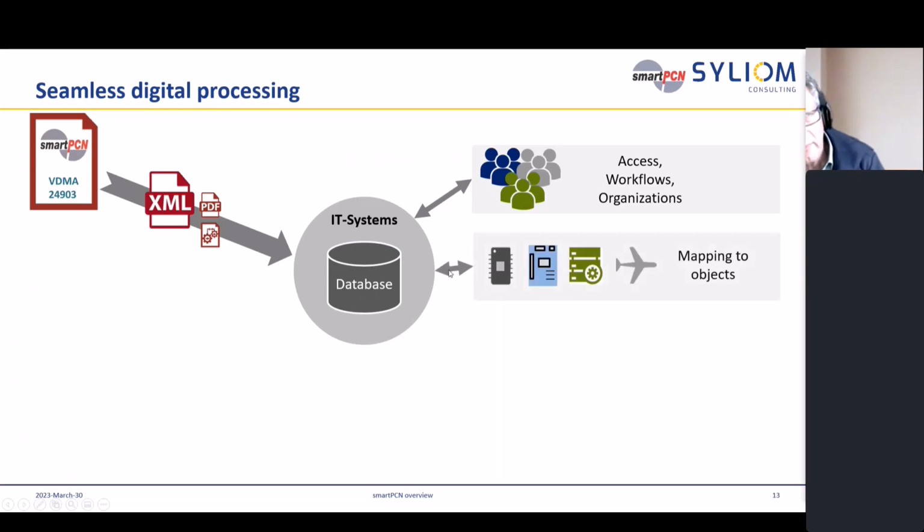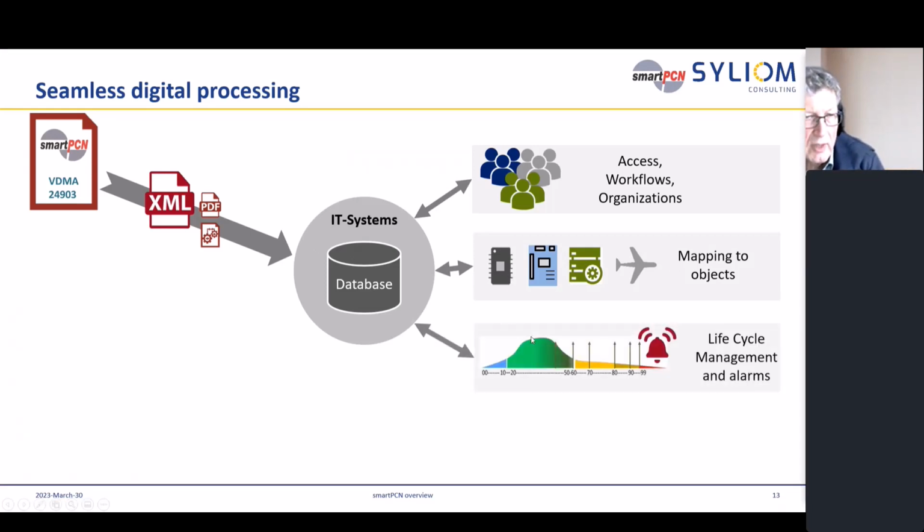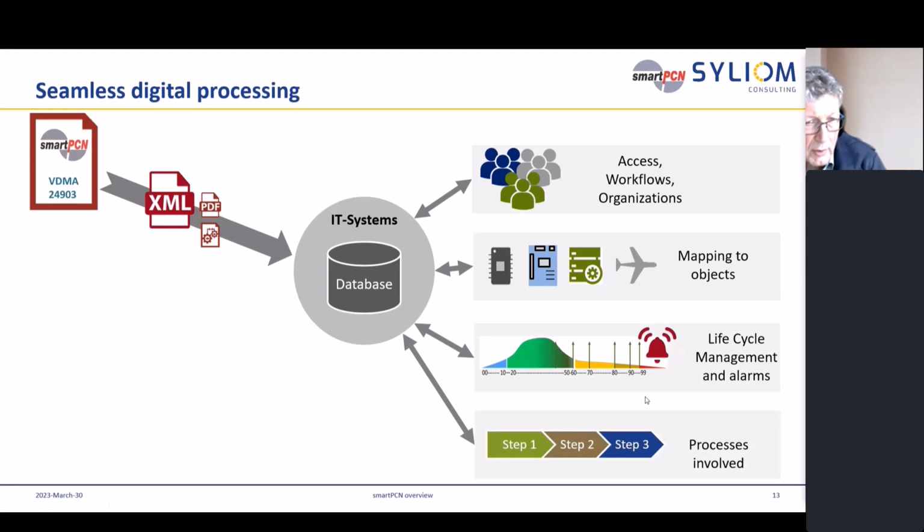You are able to map a PCN to the different objects, so all the products that you may manufacture, for example. You can also do the life cycle management, setting alarms, and so on. All the processes that are involved in the PCN and PDN management, you can do by accessing the IT system.